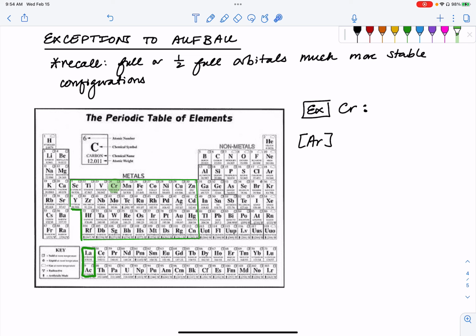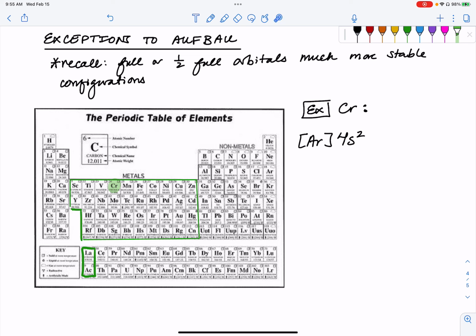And then to fill in my outermost or valence electrons, that would be argon, followed by 4s2.